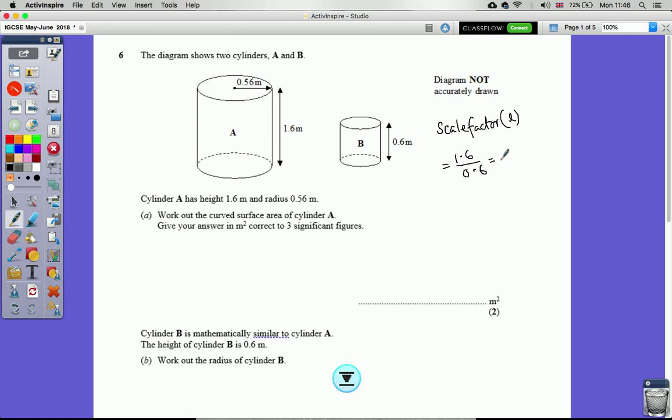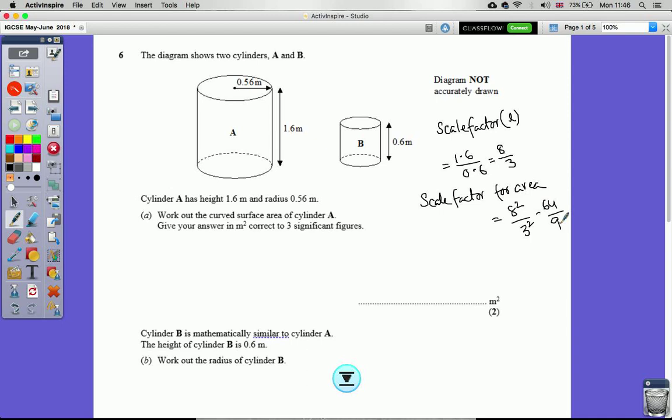Leave it as a fraction. Don't try to convert it into a decimal. Okay. So the scale factor for area will be 8 squared divided by 3 squared, which is 64 over 9.